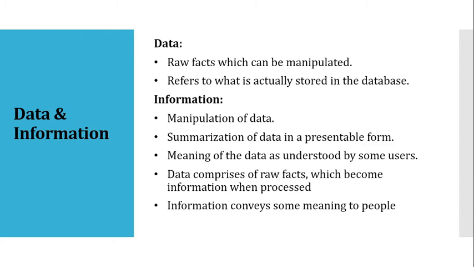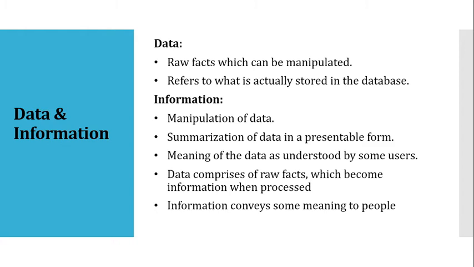Information processing is the acquisition, storage, organization, retrieval, and display of information. It means, first of all, to produce any information, we need to acquire some data. After acquiring that data, we need to store it somewhere, in an organized way, like in RAM, ROM, secondary storage or cloud or whatever.